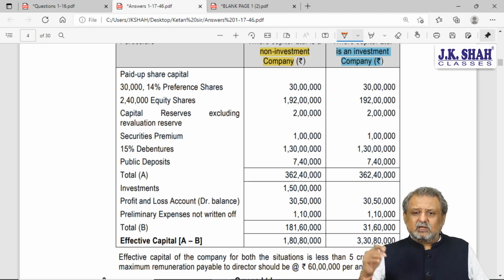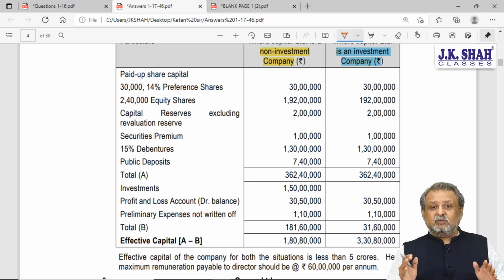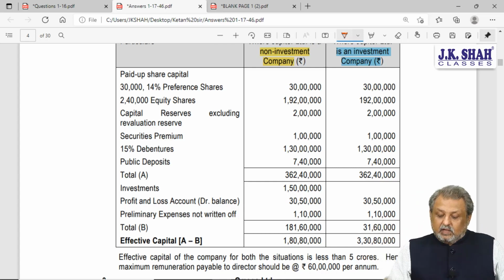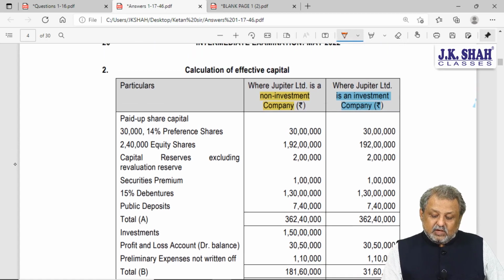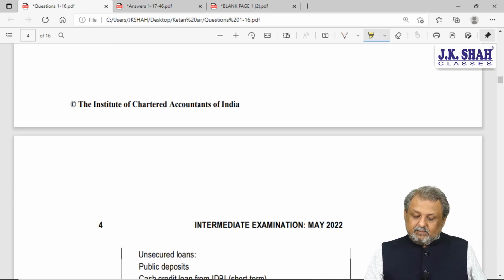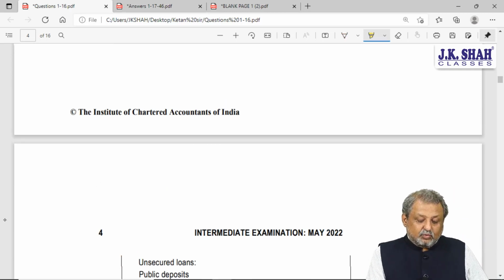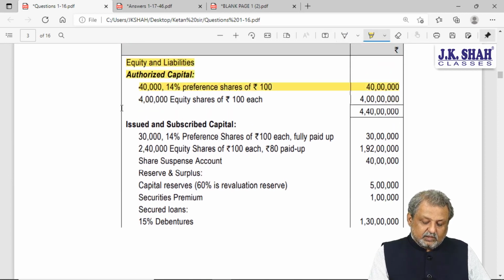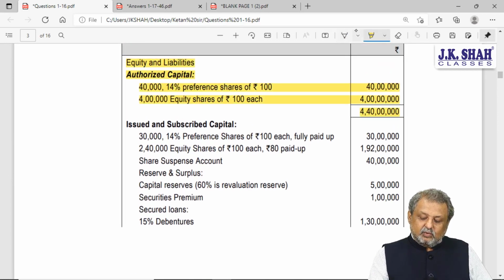It is not outside the business. Their business is to do investment. That is the difference between non-investment company and investment company. Now, how to calculate effective capital? Calculation of effective capital. First and foremost, you should take paid up capital. So paid up capital, ignore the authorized capital. Ignore the authorized capital. This must be ignored.